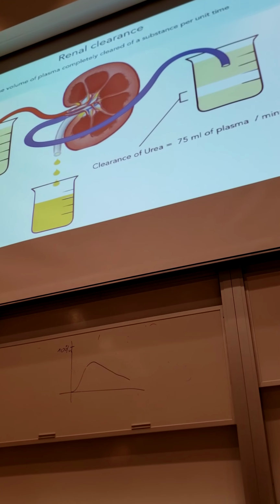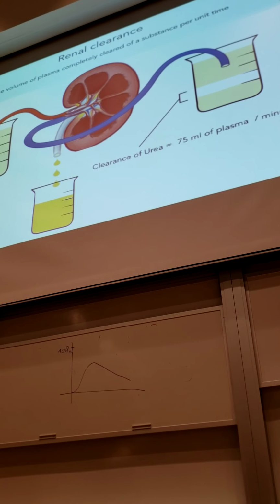You remember that? And we said a filtered load is how much of a substance is leaving the blood plasma and enters the filtrate. Okay. And we have an excreted load, which tells us how much of that substance that's in the blood plasma ends up in the urine. Okay.